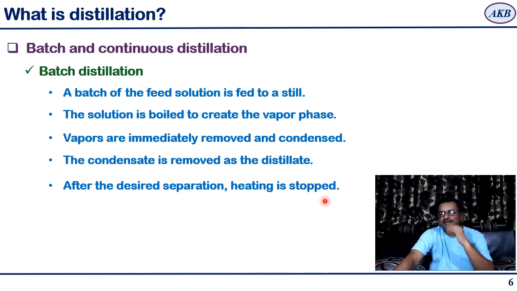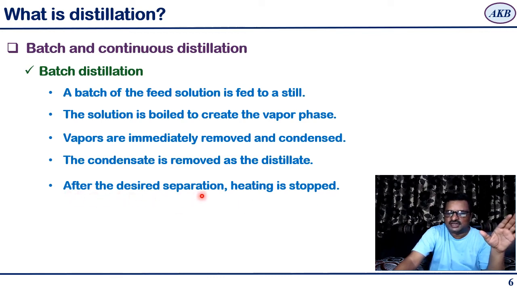When the desired concentration of the more volatile component is achieved in the distillate, heating is stopped. That means the batch completes. Batch distillation completes. So that's why we say after desired separation, heating is stopped.